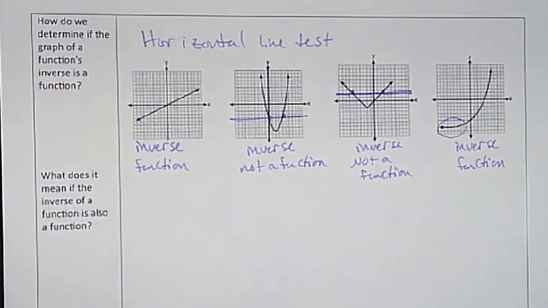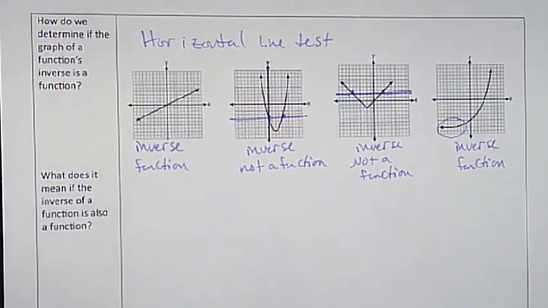So the question is, why do we care? Here's why. If the inverse of a function is also a function, then we know that both functions are one-to-one.